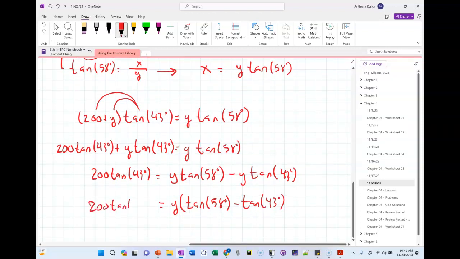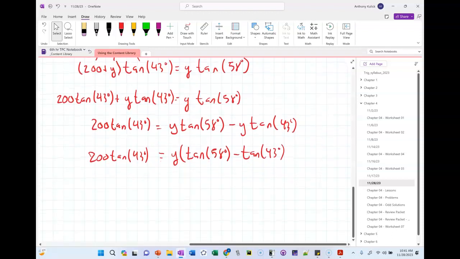And what I've done is I've changed that right-hand side from being a subtraction problem into a multiplication problem, right? So the coefficient on the y is really that tan 58 minus tan 43, whatever that number is. So to get the y by itself, I'll now divide both sides by that tan 58 minus tan 43.